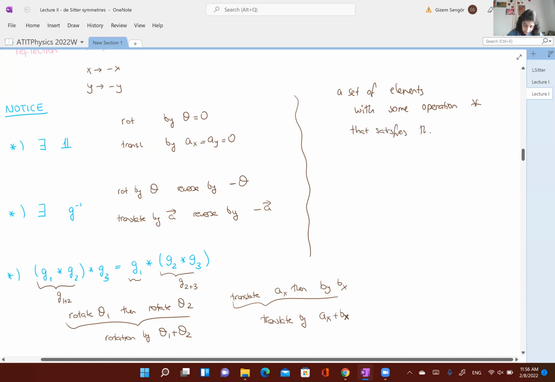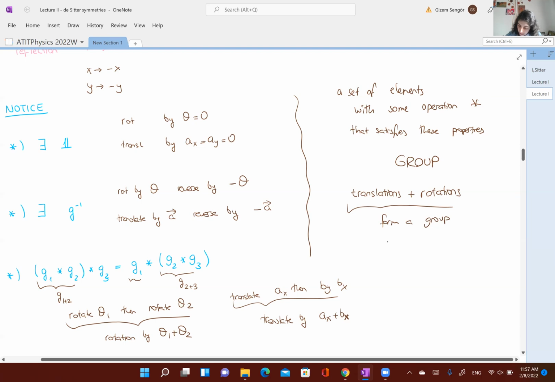Something that satisfies these properties is called a group. And we just discussed that our transformations satisfy all these properties. So actually our translations plus rotations also form a group.